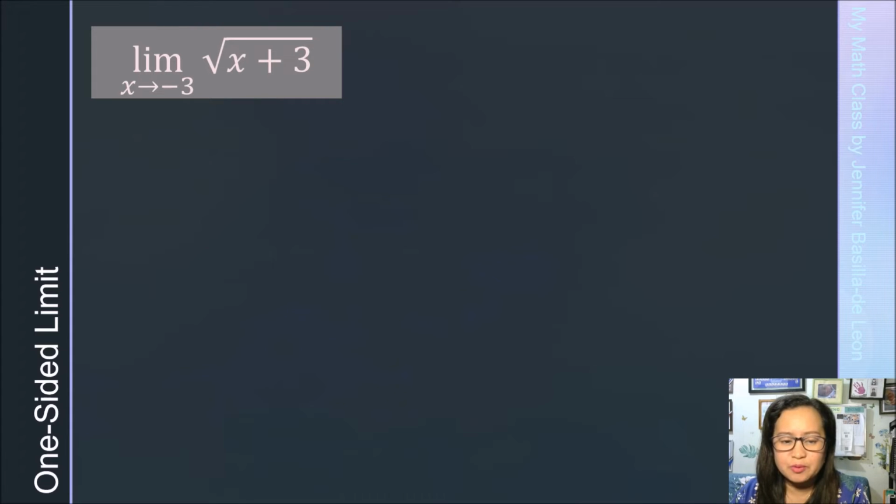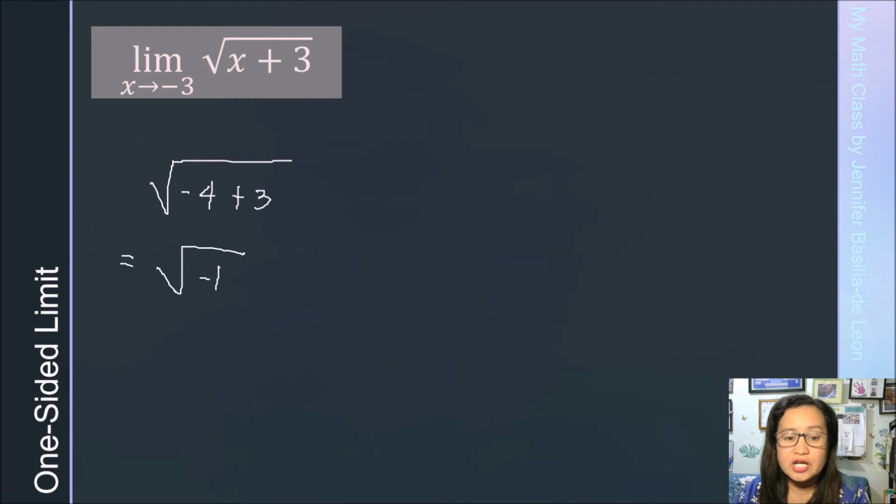For example, if x is negative 4, we would have negative 4 plus 3, which when simplified gives us negative 1. So in this case, the given function does not exist if we have a value that is less than negative 3. So in order to solve this, we have to redefine the given expression.